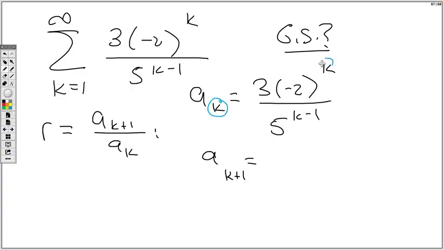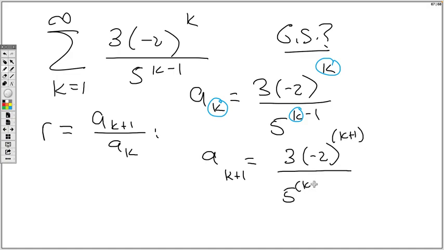Now remember, this is just like function notation. So if I want to get an expression for A sub K plus 1, everywhere I see a K in the expression for A sub K, I'm going to replace it with the quantity what? K plus 1. So I'd have 3 times negative 2 to the K plus 1 power divided by 5 to the what? Kth power. Is everyone okay getting an expression for the A sub K?